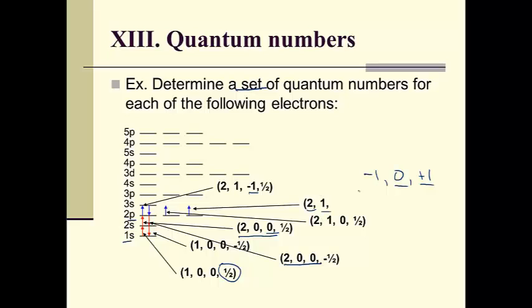It's in a different orbital from the -1 and the 0. So the only remaining value is +1. Upspin, +1/2. And the last one there, it's in the same orbital as this electron. So like we said before, the first three numbers have to be the same. 2, 1, -1, and the only thing different is the spin, -1/2.